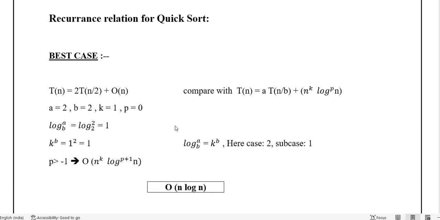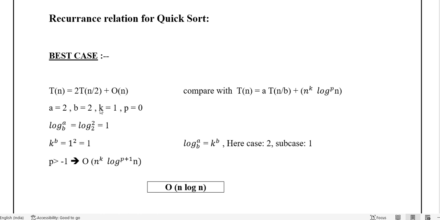Now I will discuss the time complexity of quicksort. This all depends upon recursive functions, so I take the recurrence relation for quicksort and give some detailed explanation.